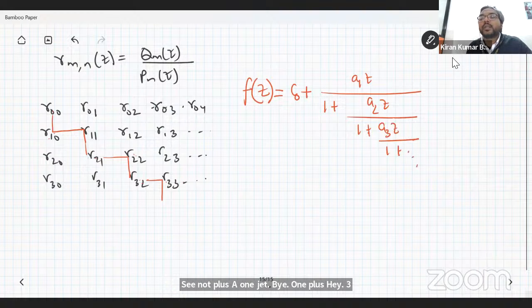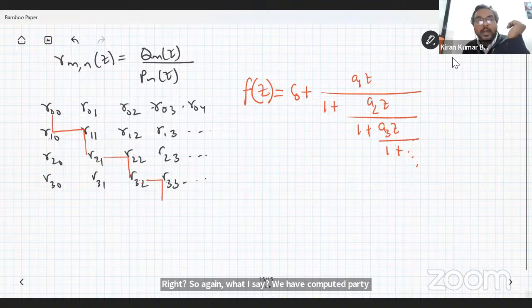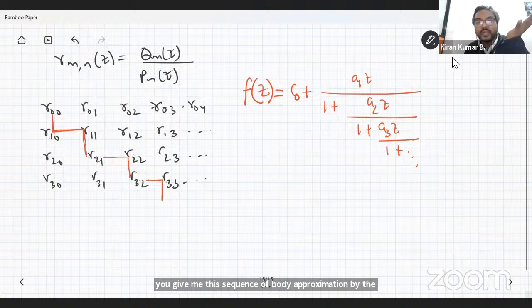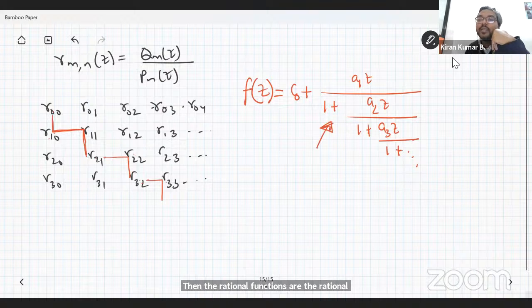Right? So again, what I say is, we have computed Pade approximations for all degrees of m and n. I now arrange the Pade approximations in an array. If you give me this subsequence of Pade approximations, which are basically a sequence of rational functions, then these rational functions are the rational approximants of this continued fraction, and this continued fraction corresponds to f(z).